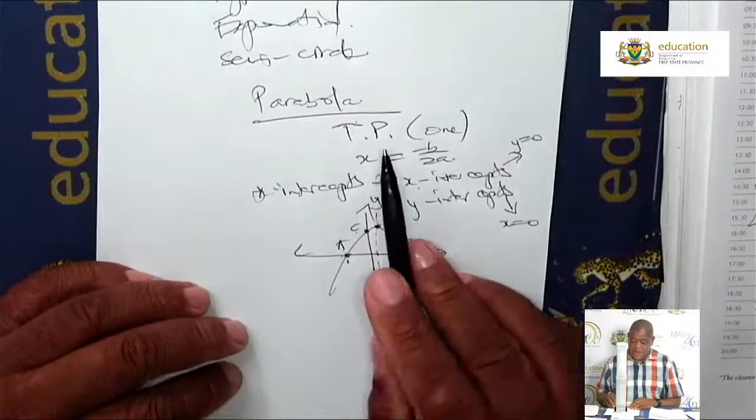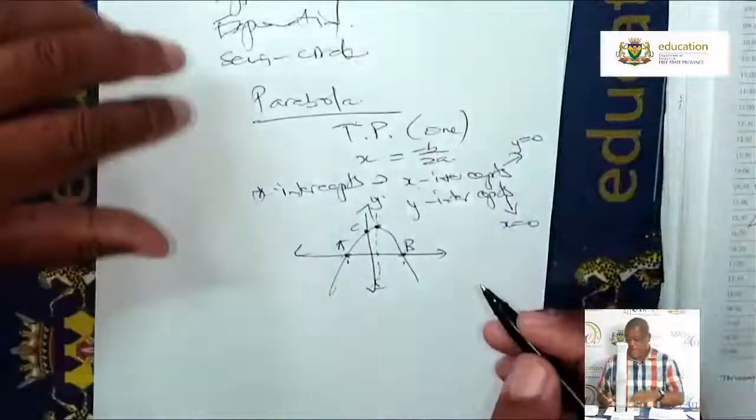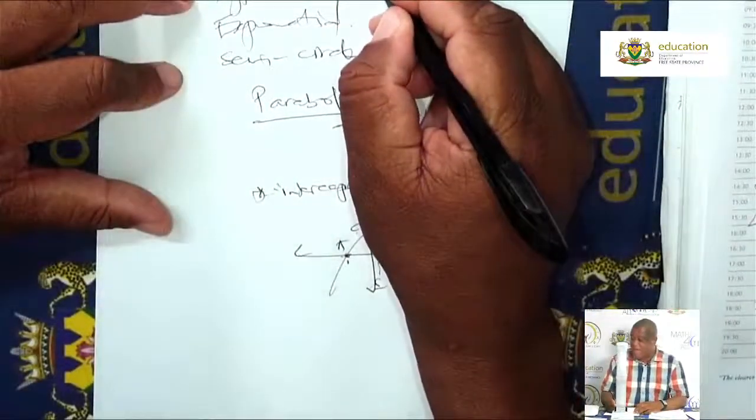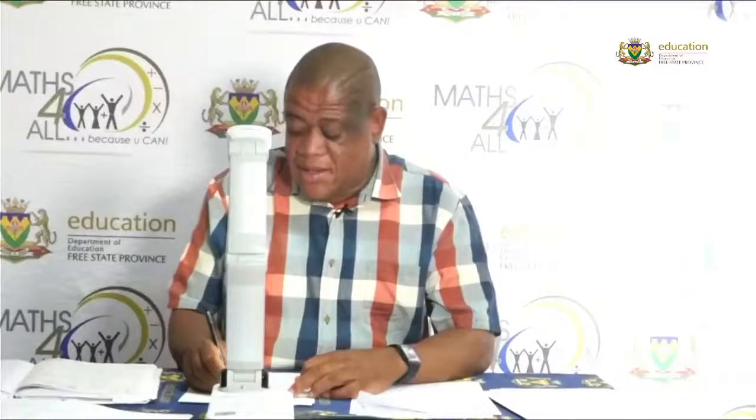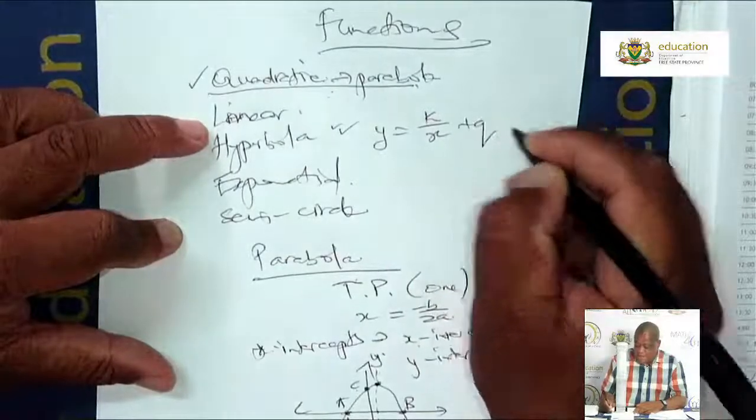And if you are to look at your hyperbola, it will always take the shape y is equal to, let's say, k over x plus q.